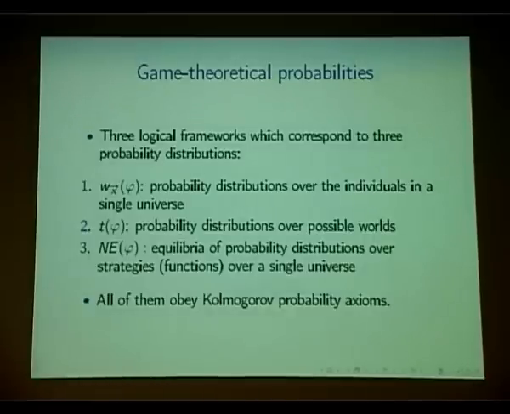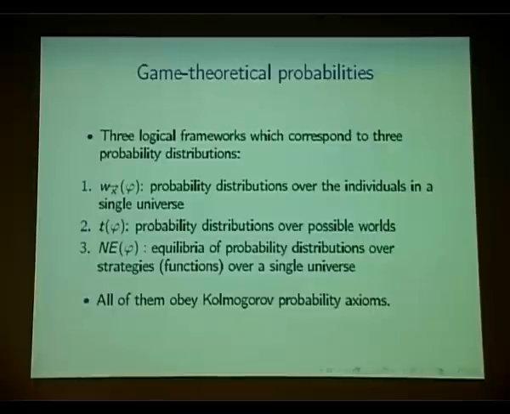One captures probability distribution over the individuals in a given universe, one universe, which is our world. The other one, the second one, captures probability distribution over possible worlds, which corresponds to degrees of belief. And now we have this Nash equilibrium phi. Phi is now a sentence of IF logic, which corresponds to probability distribution over strategies of the players from the Nash equilibrium, which arises from them.